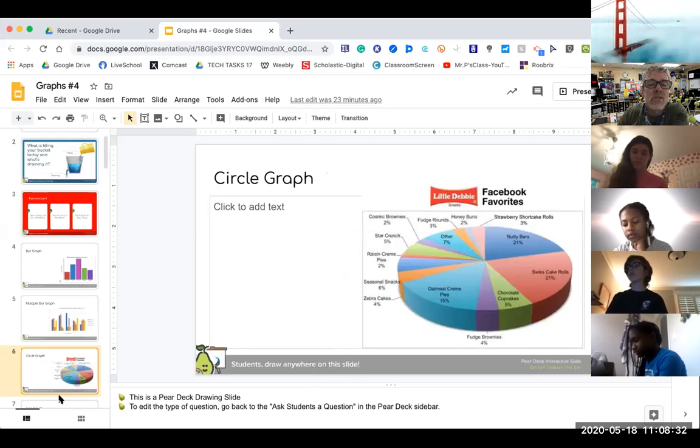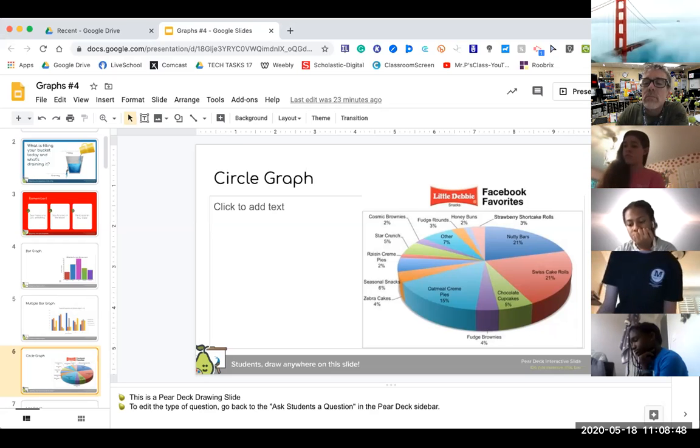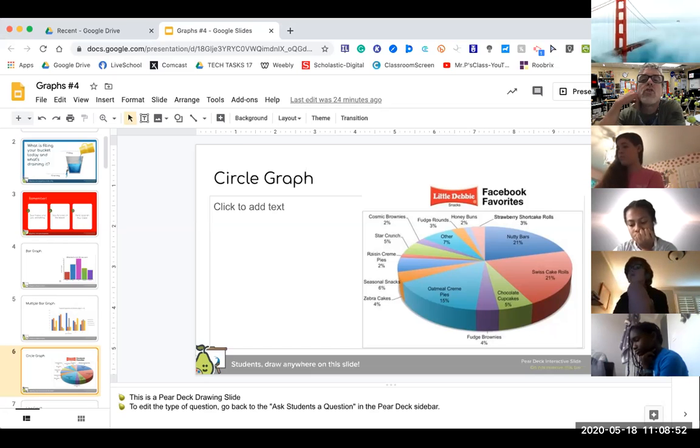We also talked about a circle graph. Josie, tell me, what is the job of a circle graph? The job for it is for you to see the different sections of the whole, so you can compare and contrast them. So could you remind us how you actually would create one?